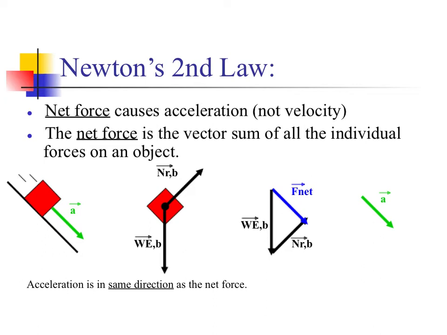Well, we use Newton's second law to draw out the arrows to determine where the actual net force is. The weight is always going to be straight down. The normal force for the ramp to the box will always be perpendicular to the ramp.